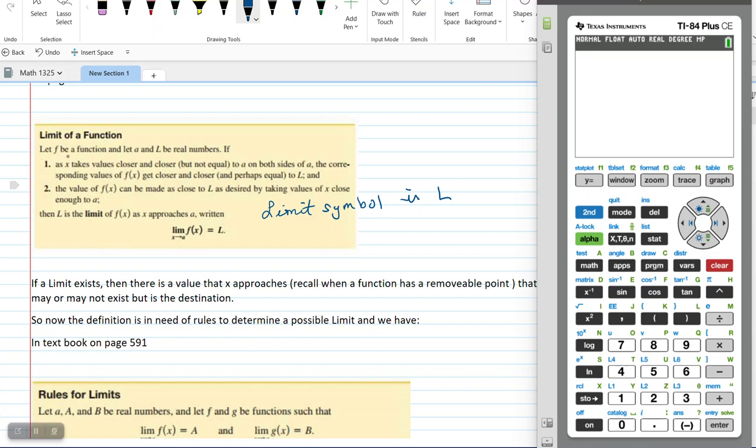So this one says, let f be a function and let a and L be real numbers. That means they're not imaginary. They can be fractions, but they are not imaginary.